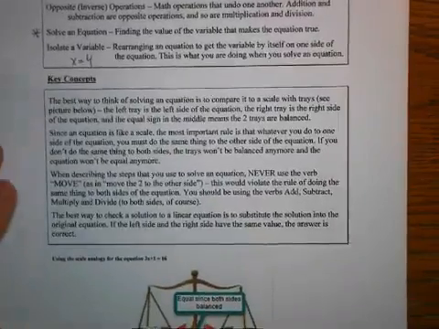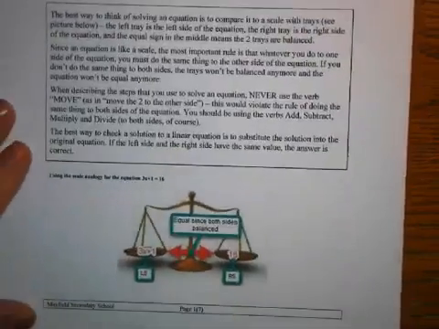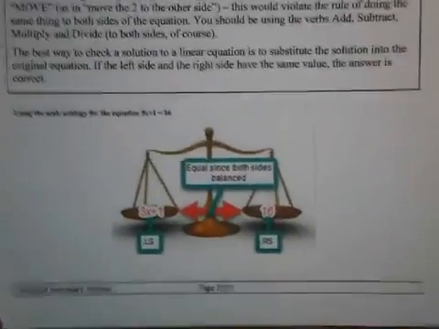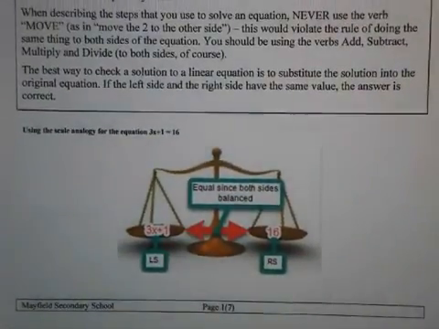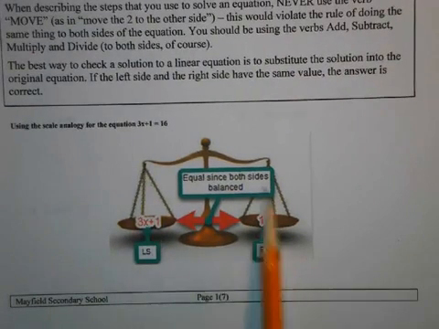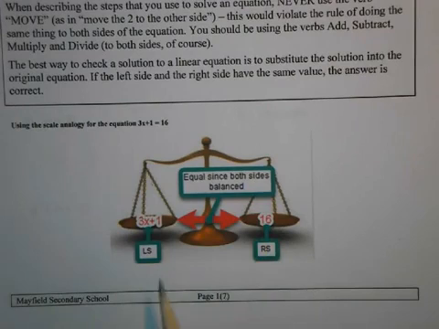Now, I've got this beautiful diagram down here. I'm gonna zoom in on it. I'd like to talk about what we've got here. If you look at the main picture without the little labels, we've got one of these old-fashioned looking scales.